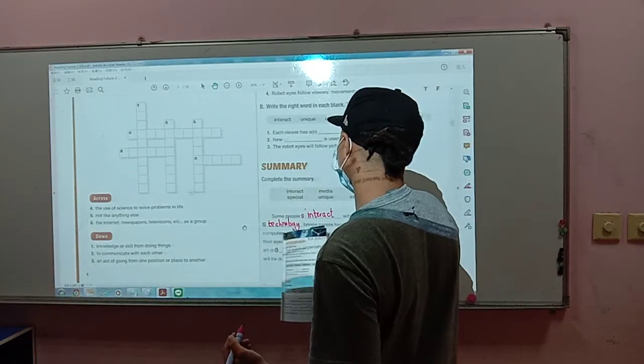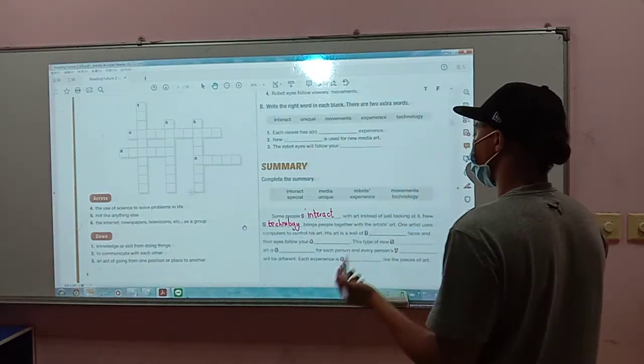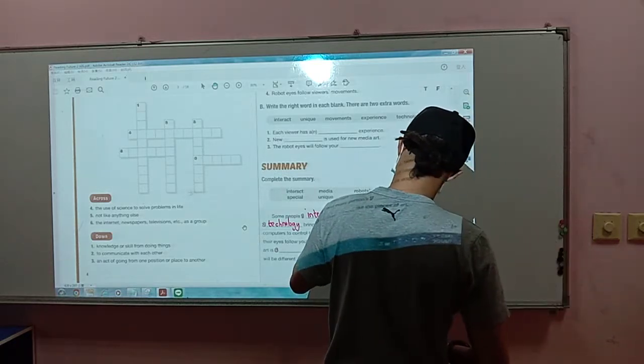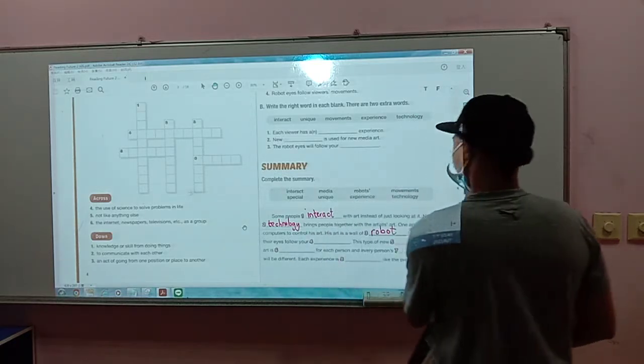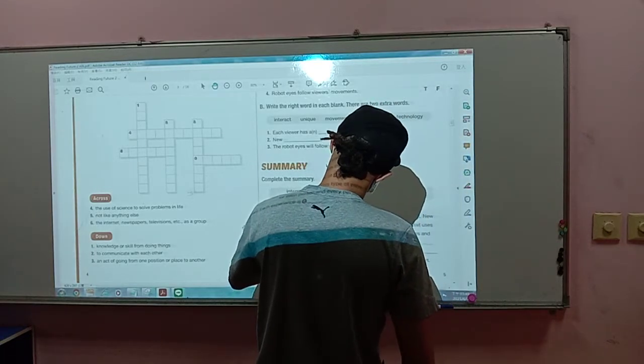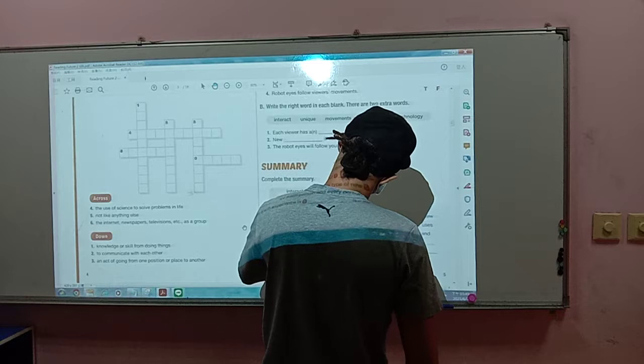One artist uses computers to control his art. His art is a wall of robot faces, and their eyes follow your movements.